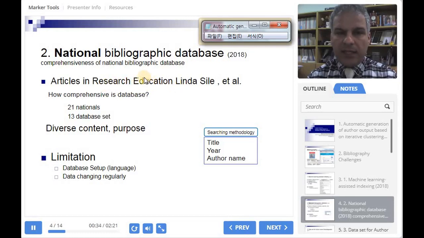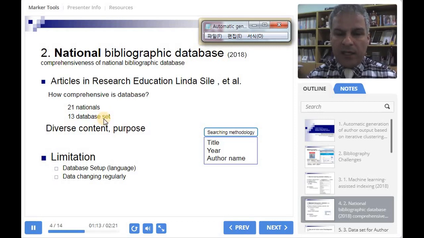It is about how comprehensive national bibliographic databases are. In order to do so, they had 20 national databases with 13 database sets. Some nationals shared some databases, so the number of nationals is more than database sets.